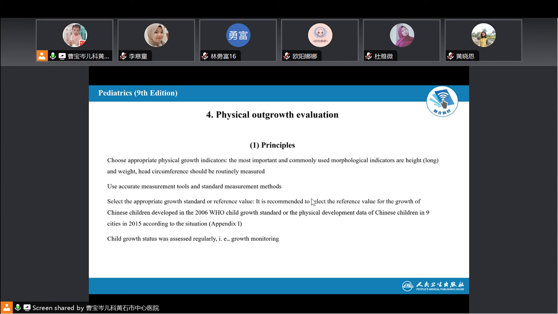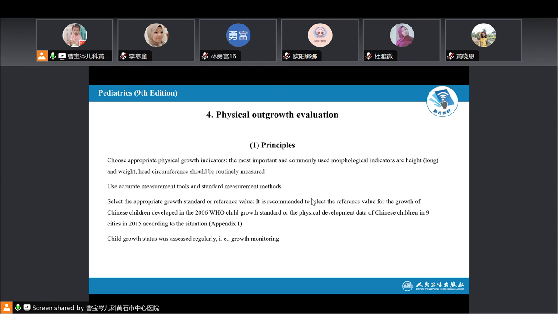The most important and commonly used indicators are height and weight. Head circumference should be routinely measured. Use accurate measurement tools and standard measurement methods.